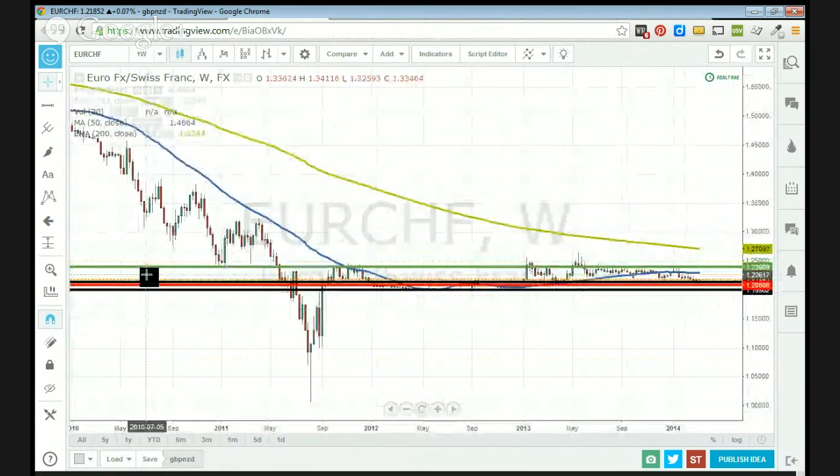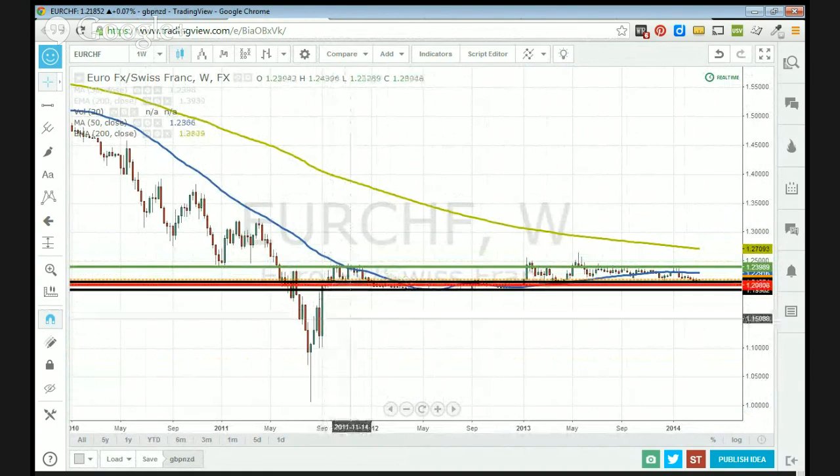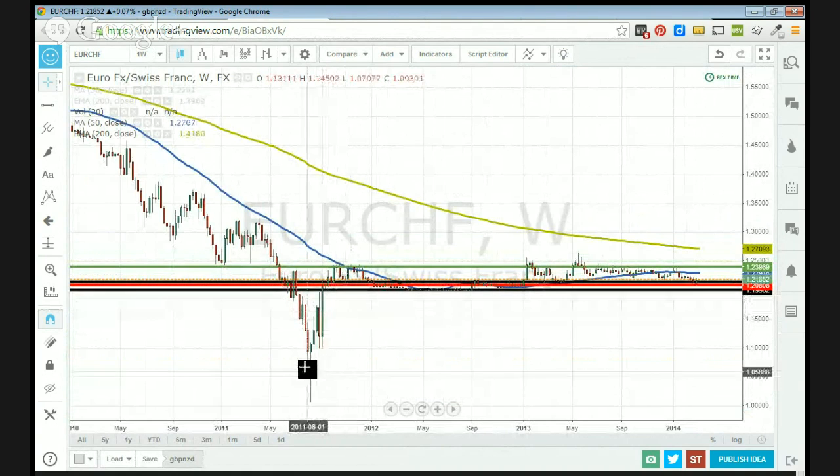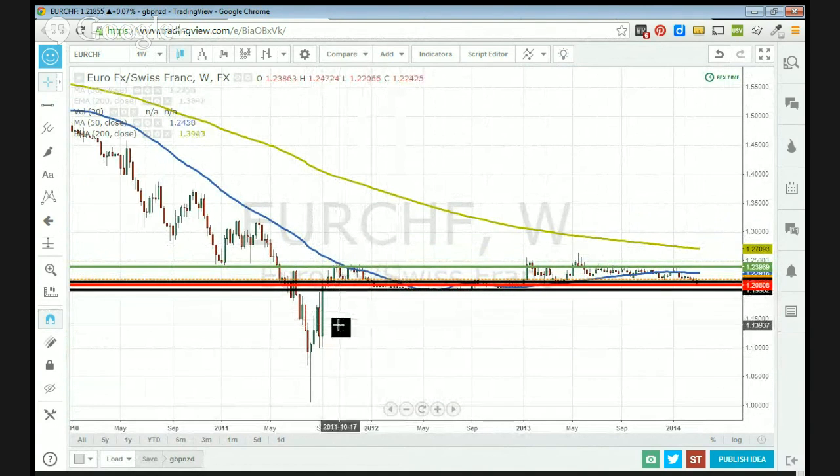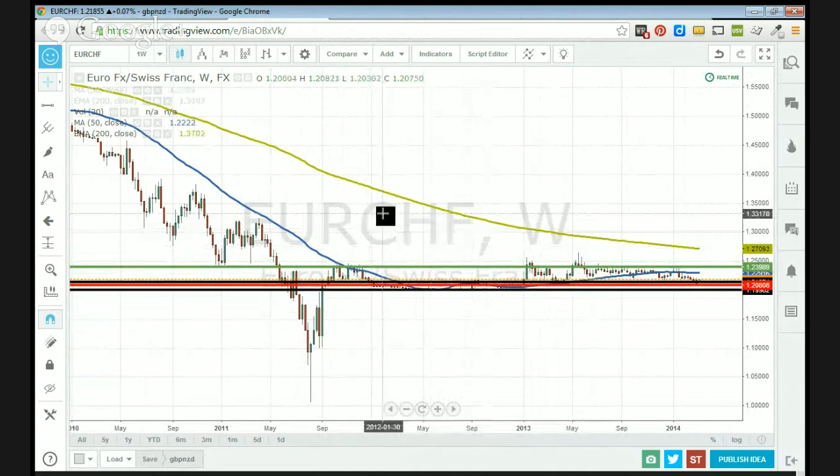I mean, you don't see much because it's in such a tight range. This, incidentally, is when the Swiss National Bank said they would defend the 1.2 level when it fell below here. And then look at this, it fell all the way down to parity and then it shot back up. So we'll see how long they can defend it or if they can defend it indefinitely.